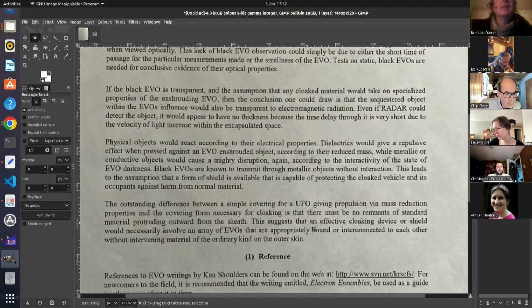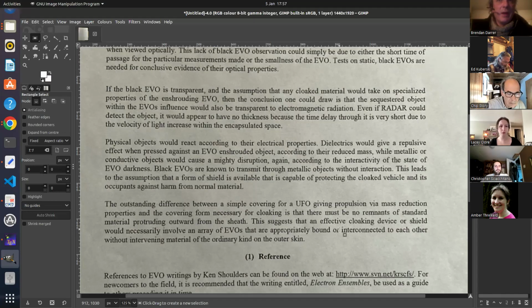This suggests that an effective cloaking device or shield would necessarily involve an array of EVOs that are appropriately bound or interconnected to each other without intervening material.